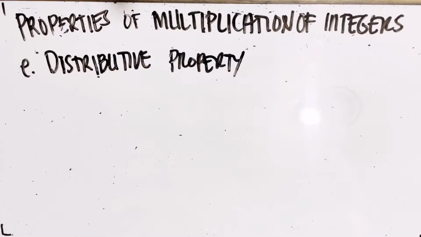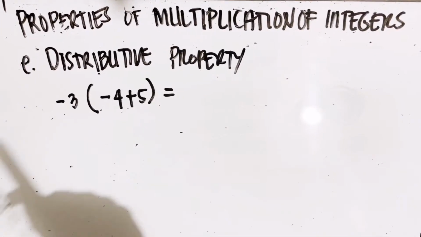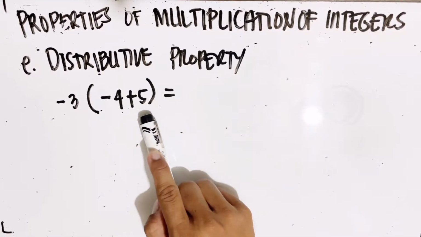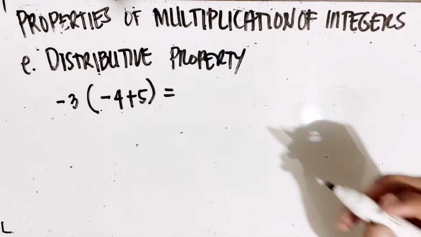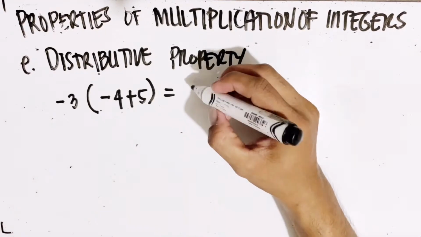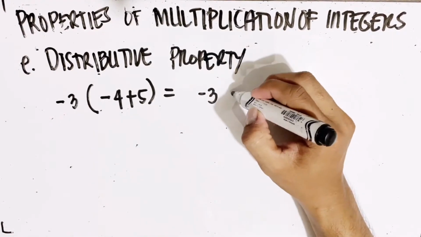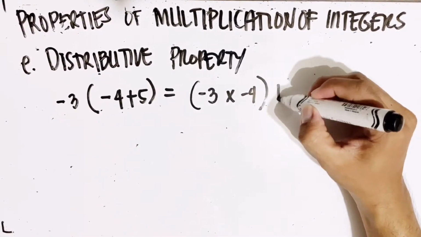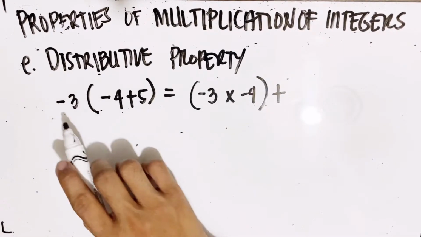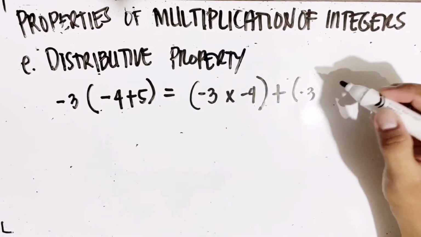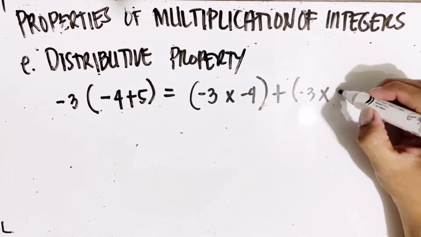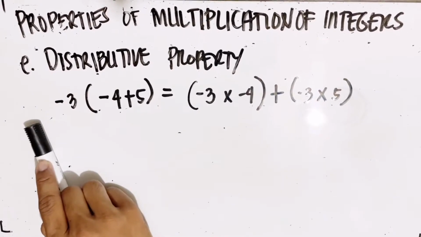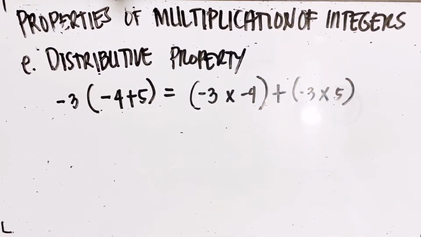So, example, we have negative 3 multiplied with negative 4 plus 5 is equal to negative 3 times negative 4 plus negative 3 times positive 5. Let's see if this one is equal to the right side.